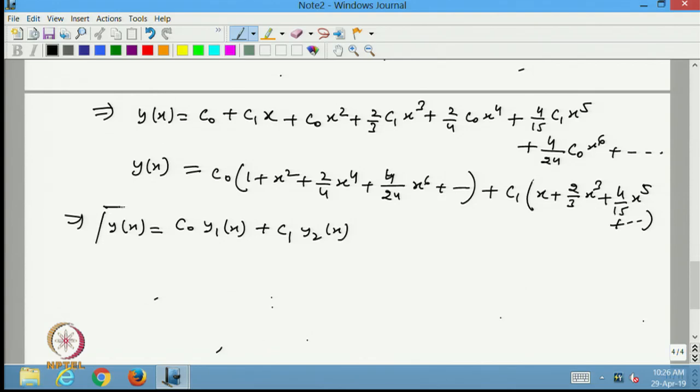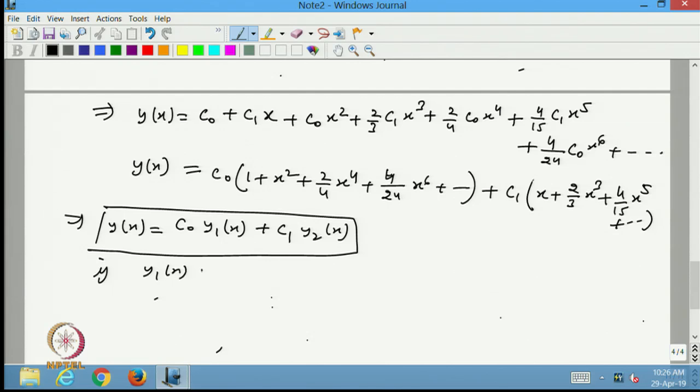So, this is the general solution that contains two arbitrary constants, which I take as C0 and C1, and y1x is one solution and y2x is another solution.